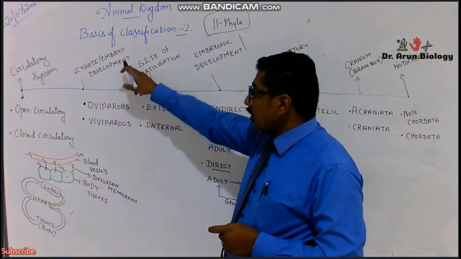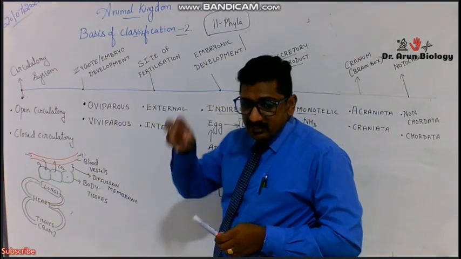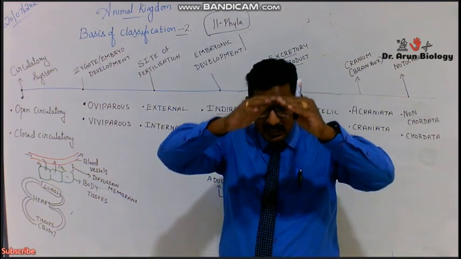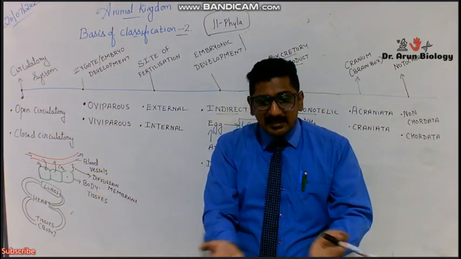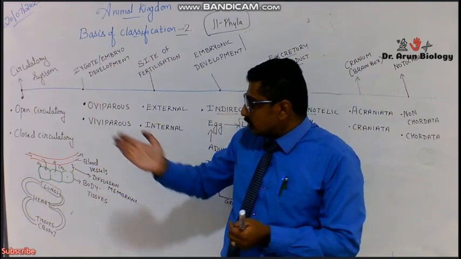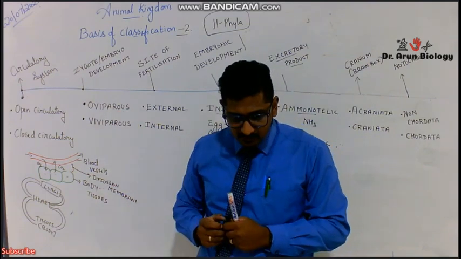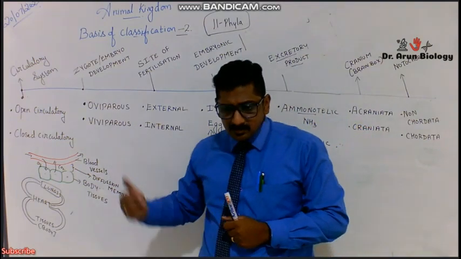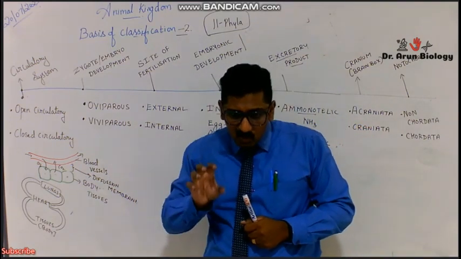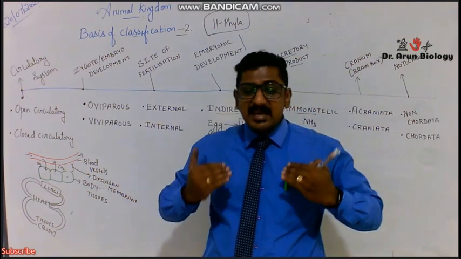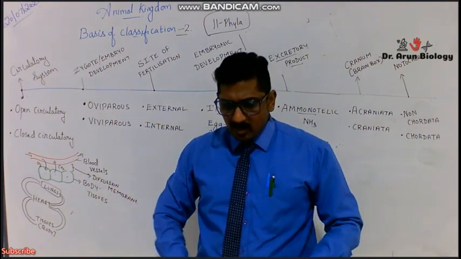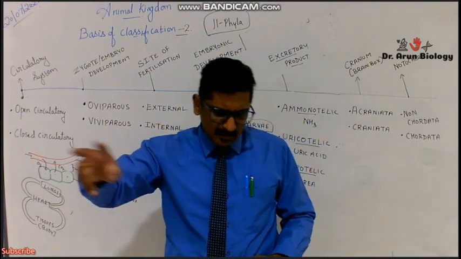Next is zygote or embryo development. If the embryo development takes place outside the female body in a protected calcareous shell, it is called oviparous. They can have internal or external fertilization also. Viviparous means the zygote develops inside the female body and is protected by the female body itself, except in the case of some fishes.